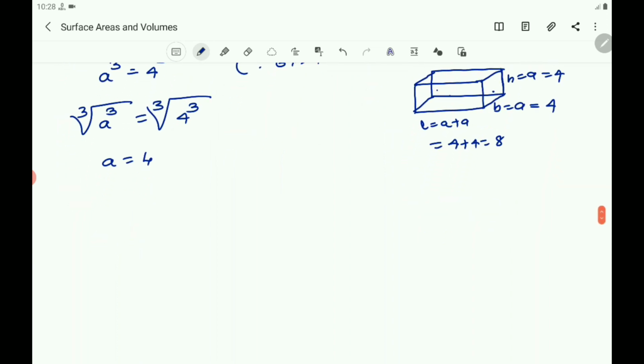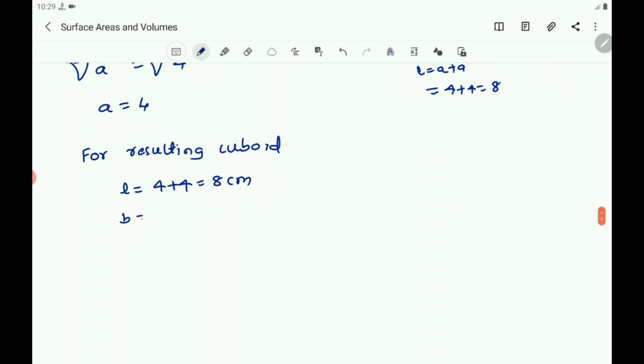Then you write, for the resulting cuboid, L equals 4 plus 4 equals 8 centimeter, B equals 4 centimeter, and H equals 4 centimeter.